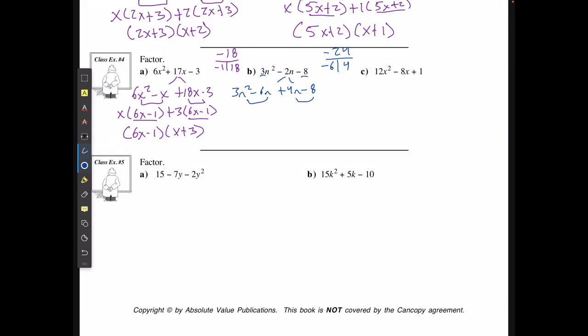Factor by grouping, and I can pull out a 3n from here and be left with n minus 2. And I can divide both these by 4 and be left with an n minus 2. What's in the brackets matches, so it's going to be n minus 2 and 3n plus 4.